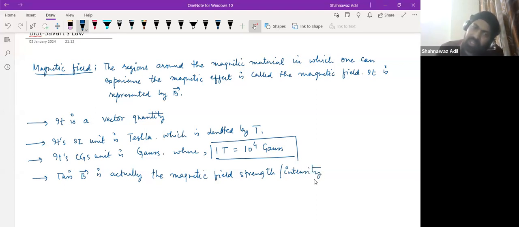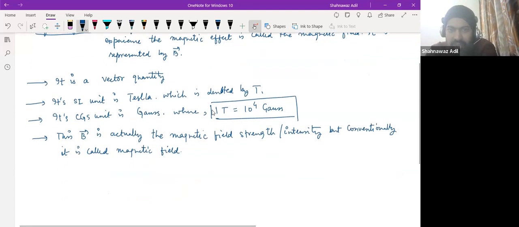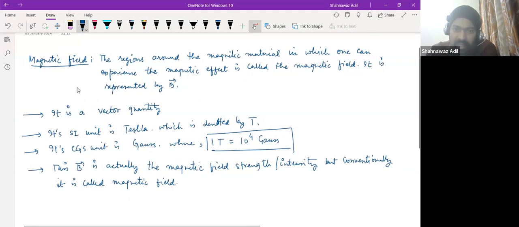But conventionally, to match the electric field, it is called the magnetic field, right?